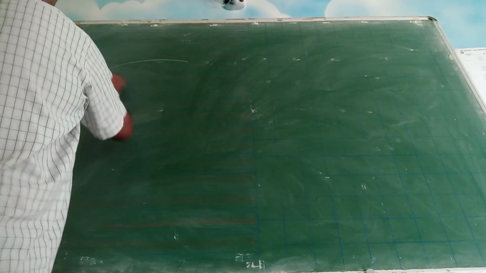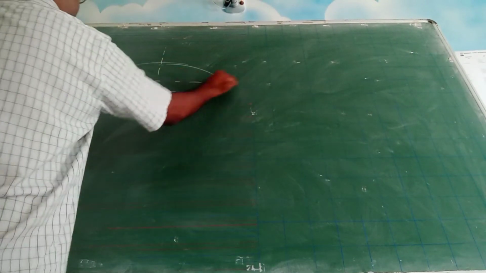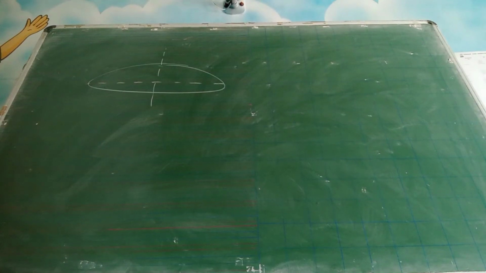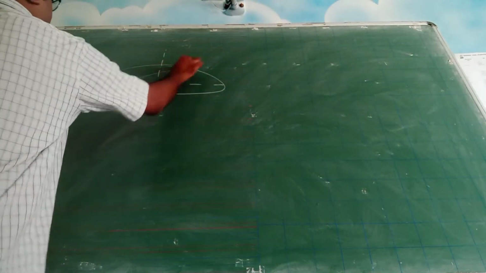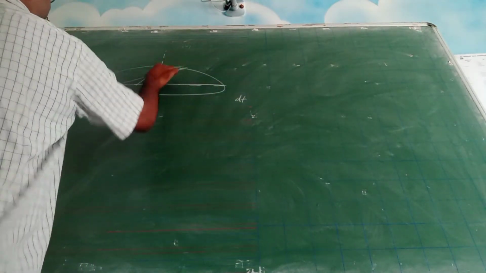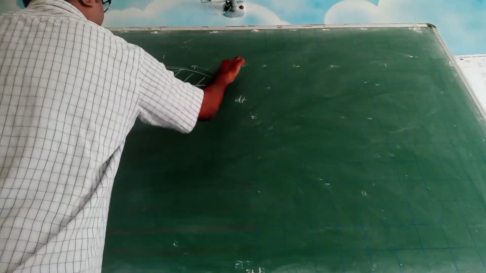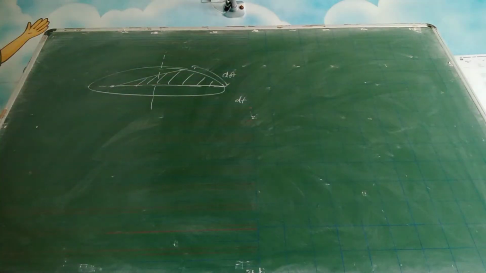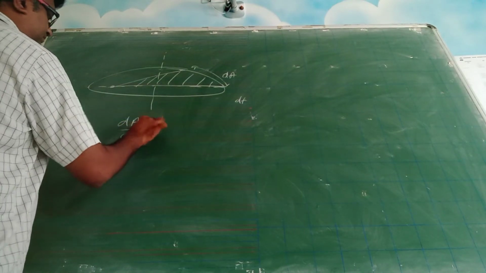In the same discussion, we also came across the second law. Suppose in dt time, this is the area traversed by the planet. We came to know that dA by dt is constant.